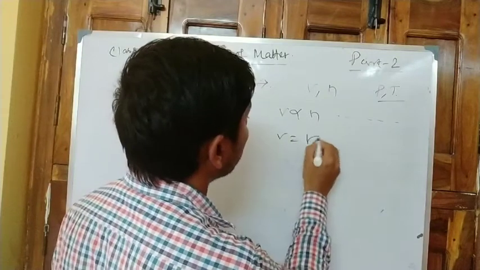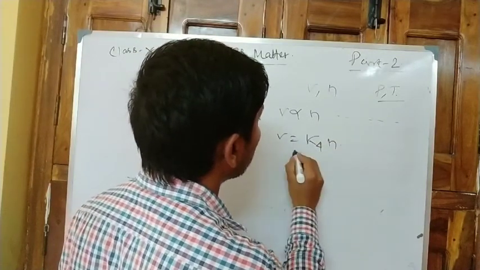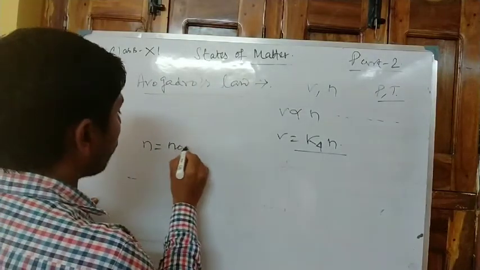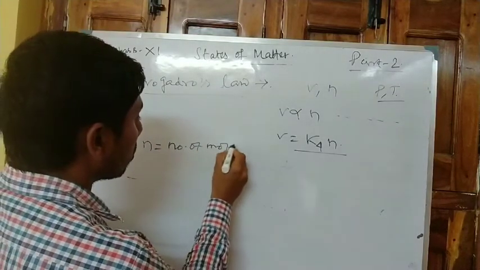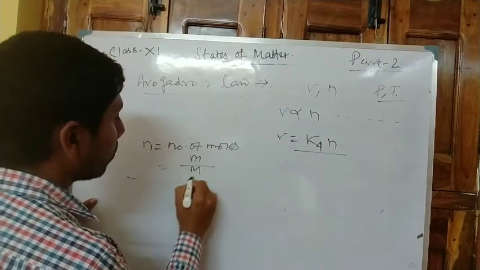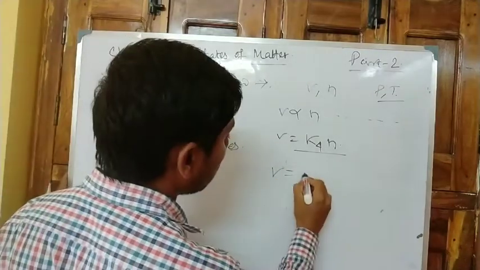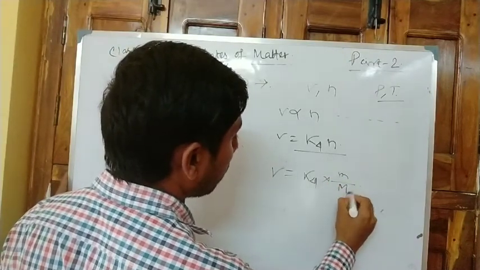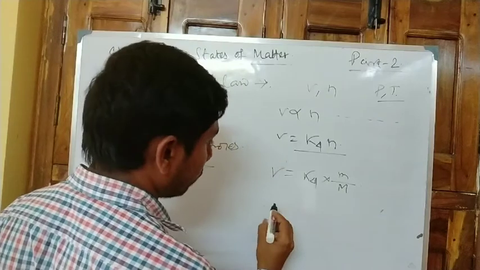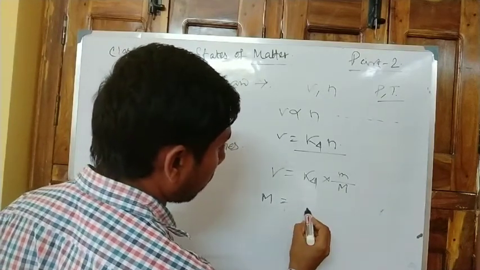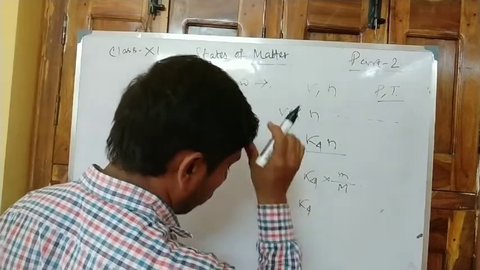So V equals K4 into N. Now N is equal to the number of moles. So number of moles equals given mass by molecular mass, that is, small m by capital M. So from here we can easily calculate the molecular weight.